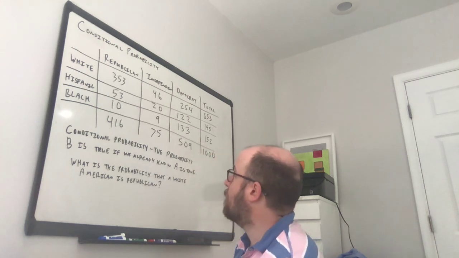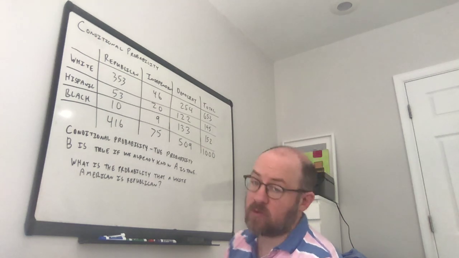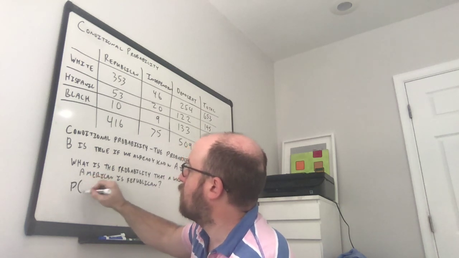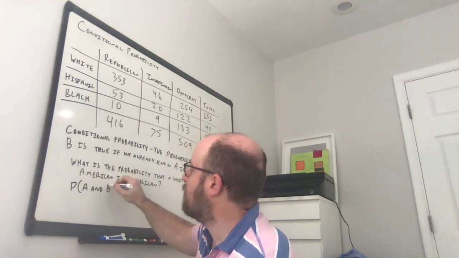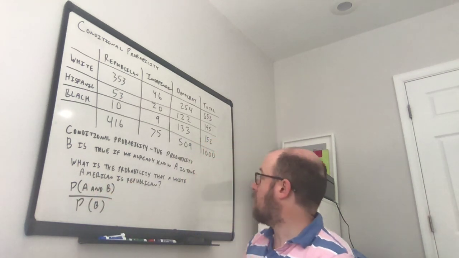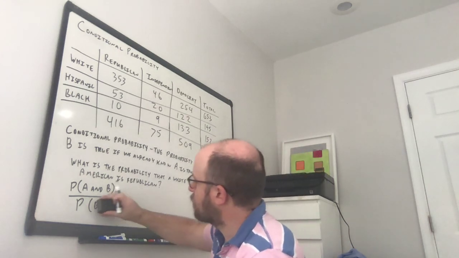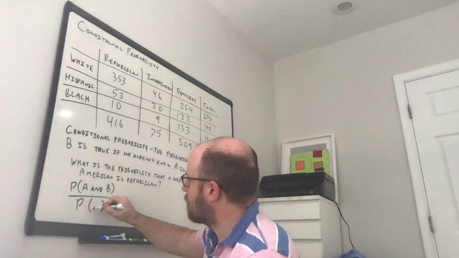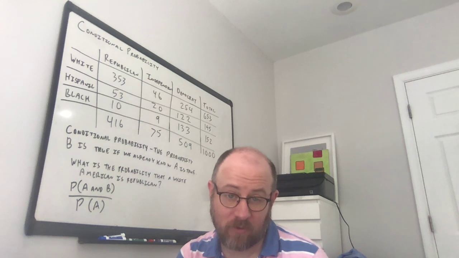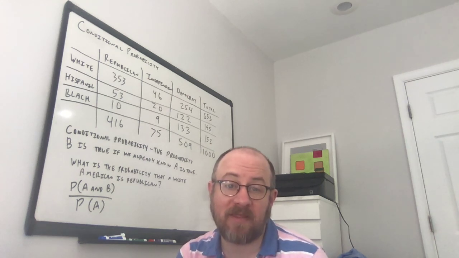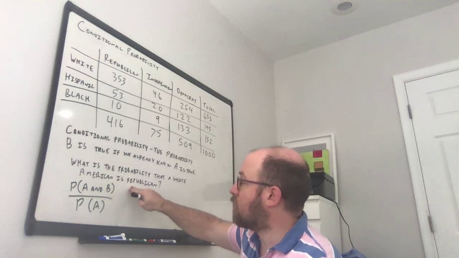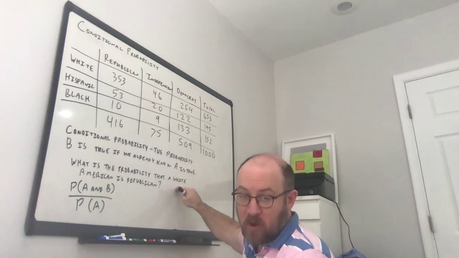It's not going to be 41.6% again. To compute conditional probability, it's the probability of A and B divided by the probability of B. So if we want to know the probability that B is true, given that we already know A is true, in this example, we want to know the probability that somebody is Republican, given that we already know that they're white.